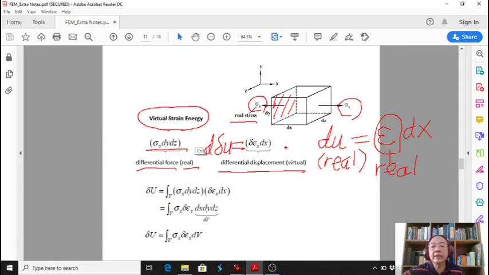We replace u with virtual u, and we also need to replace strain with virtual strain. So virtual strain times dx is what we call the differential displacement virtual.